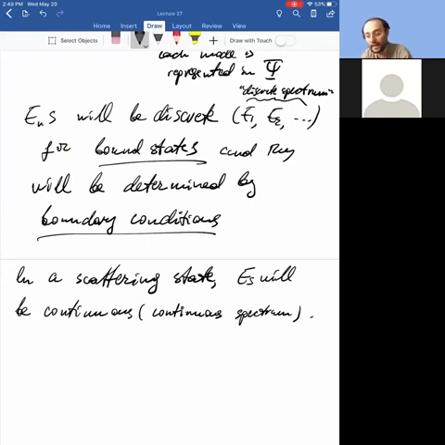And then the sum will be replaced by an integral. Integral over what? Well, that depends again on the physical situation.